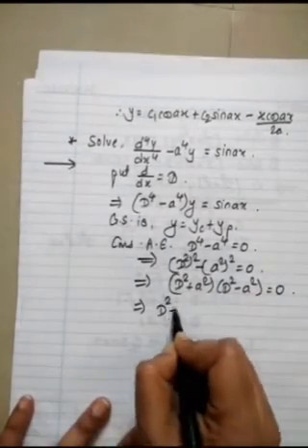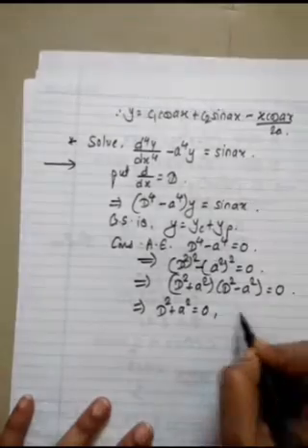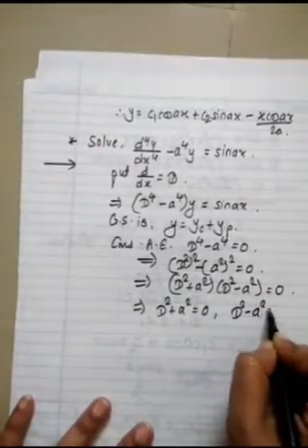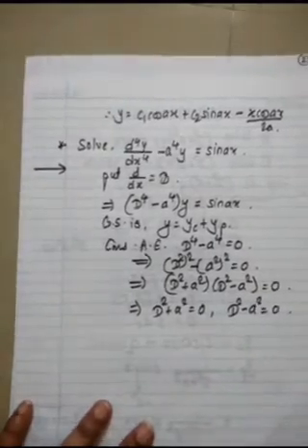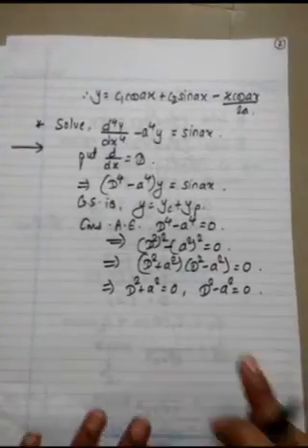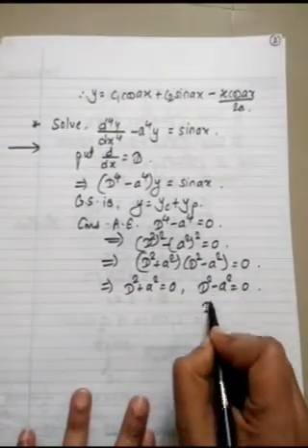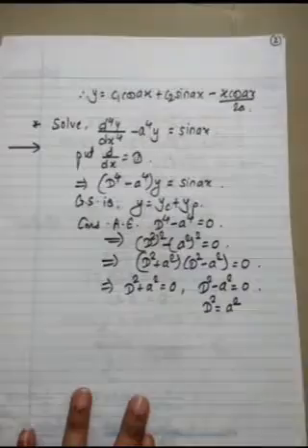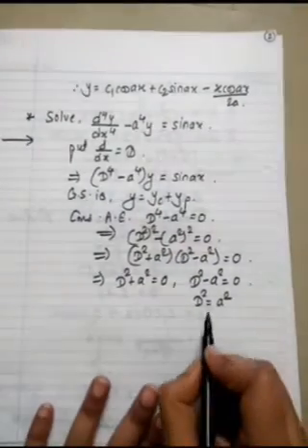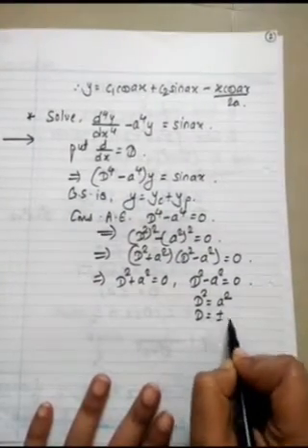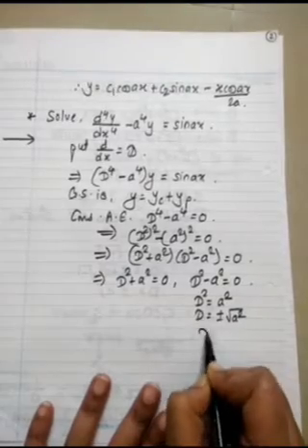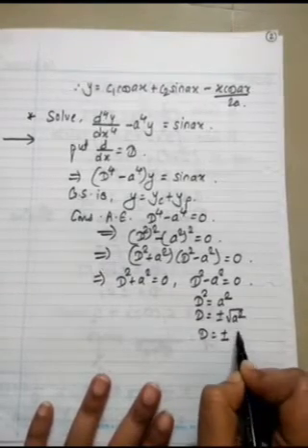So D square plus a square is 0 and D square minus a square is 0. Solving them separately, solving this, we get D square is equal to a square. Sending to the right hand side and taking square root on both sides, plus minus square root a square, that is D is plus minus a.